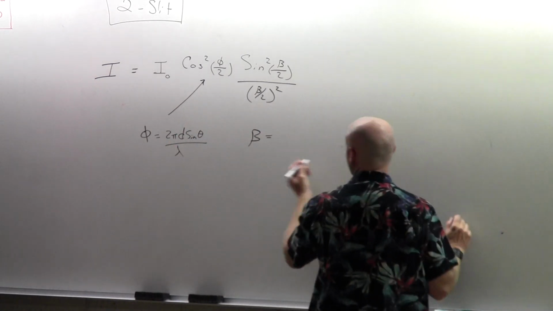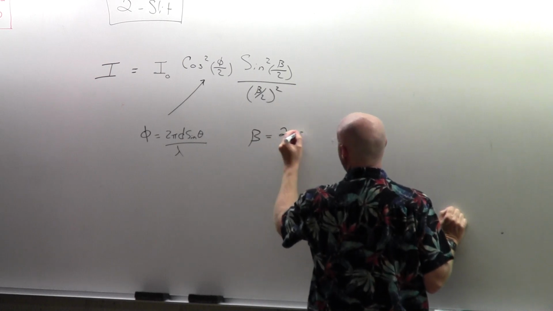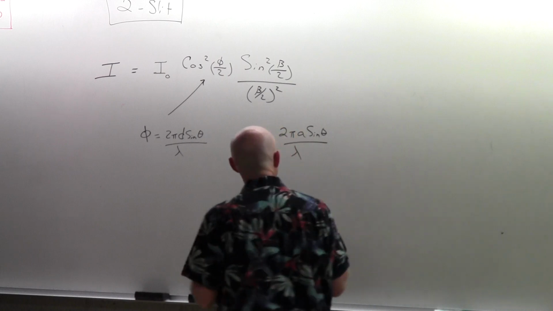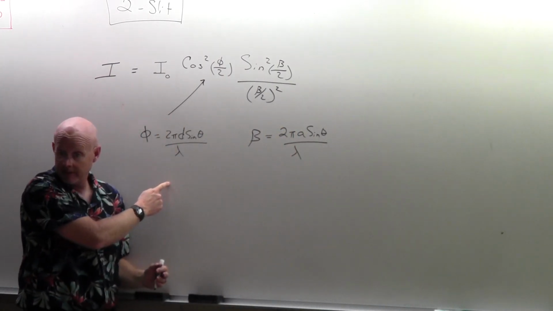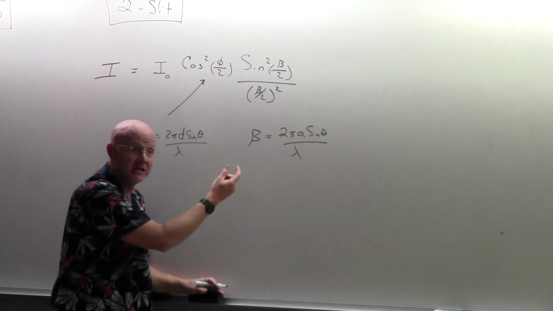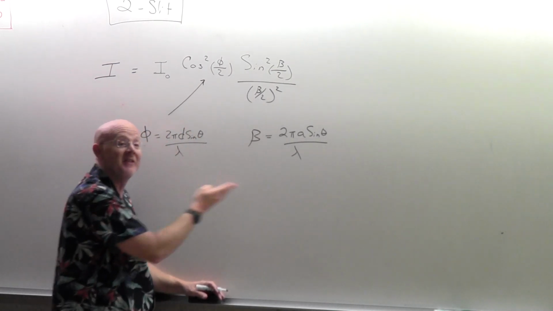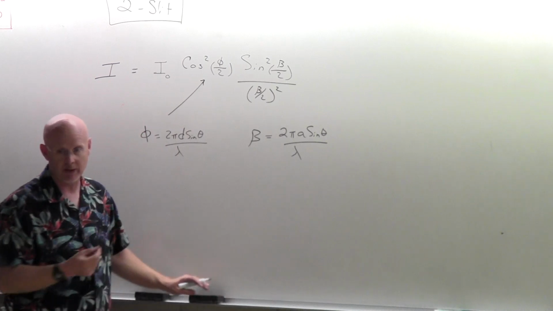Beta, as we did over there, is 2 pi a sine theta over lambda. Which one is smaller, a or d? a's got to be smaller. a's the size of one slit. You can't have the two slits closer together than the size of the slit. Otherwise you wouldn't have a gap between them.